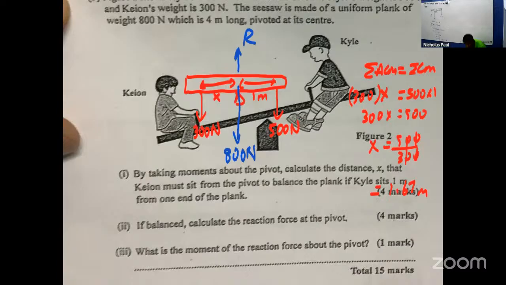Right? How are we going? Part 2. Upward equals downward. Upward equals downward. So the upward force equals the sum of the downward forces.